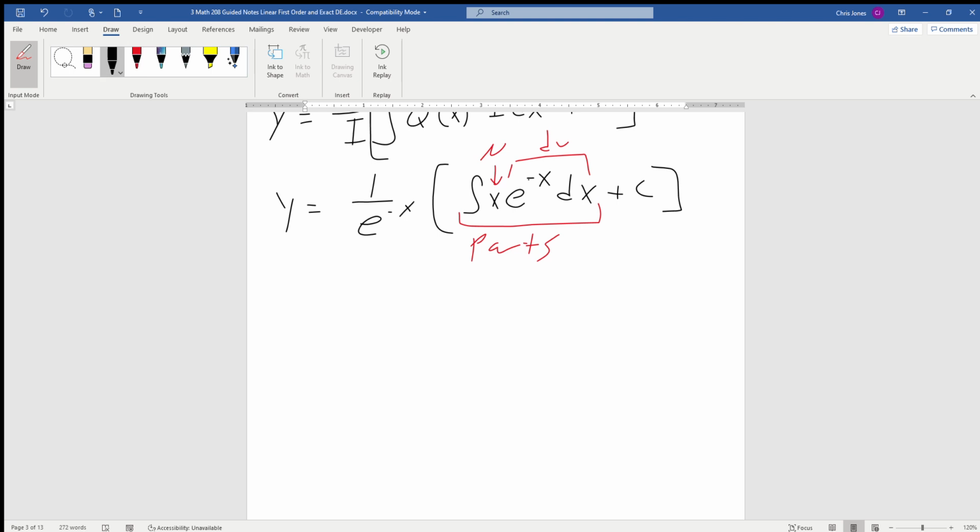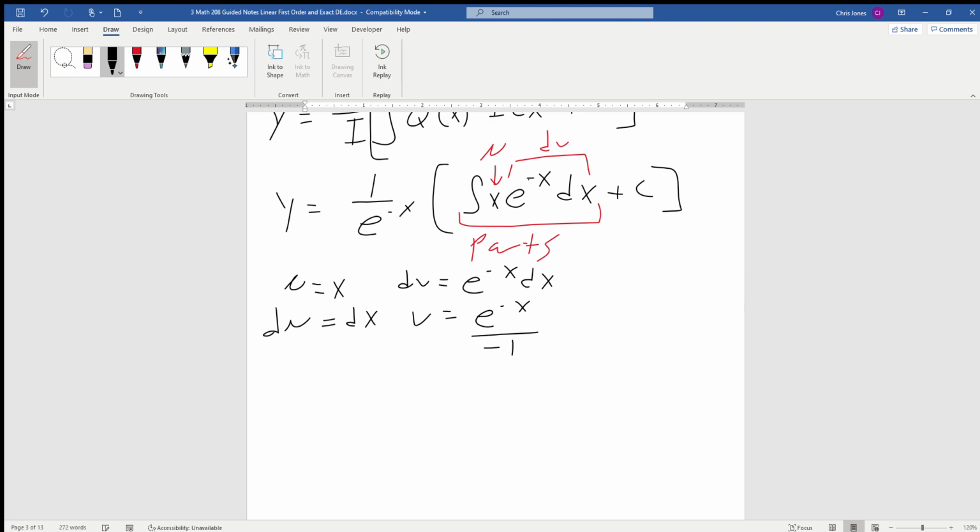So u is x, dv is e to the minus x dx, du equals dx. Now the antiderivative of e to the minus x, and I just want to make sure that you understand where this comes from, is going to be e to the minus x divided by -1.